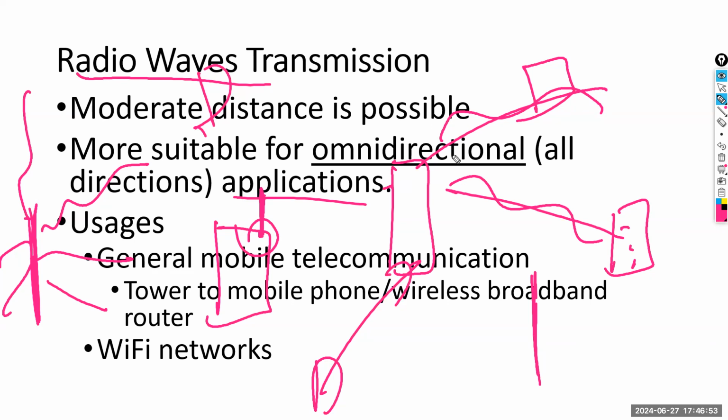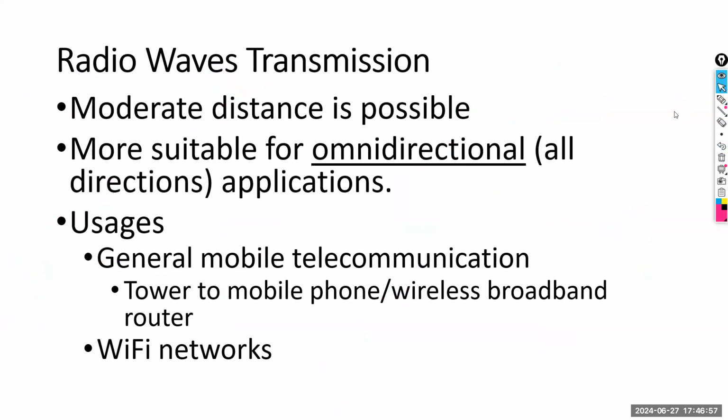It has some limitations. So we use radio waves for telecommunication, like radio and TV broadcasting, and also from the tower to our mobile phones, or for Wi-Fi networks. Wi-Fi also uses radio waves, a specific small frequency range of the radio waves.